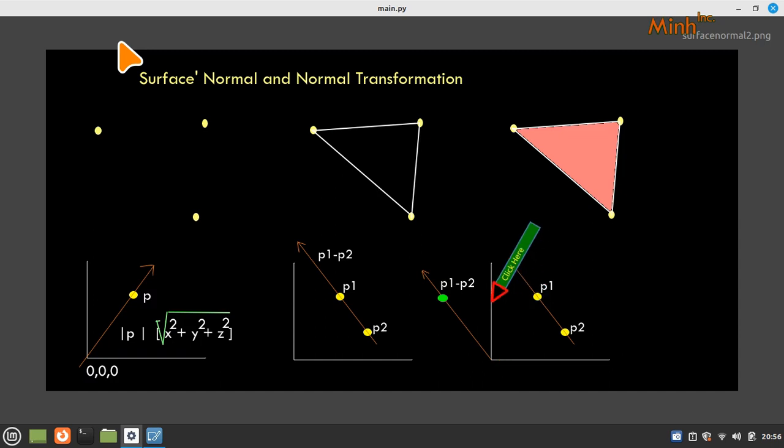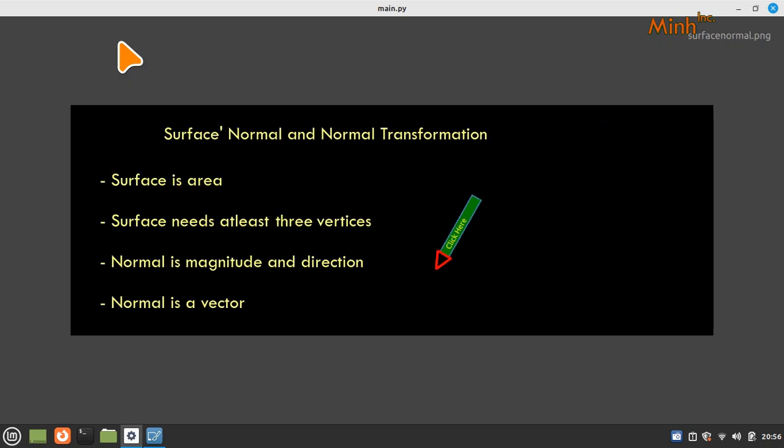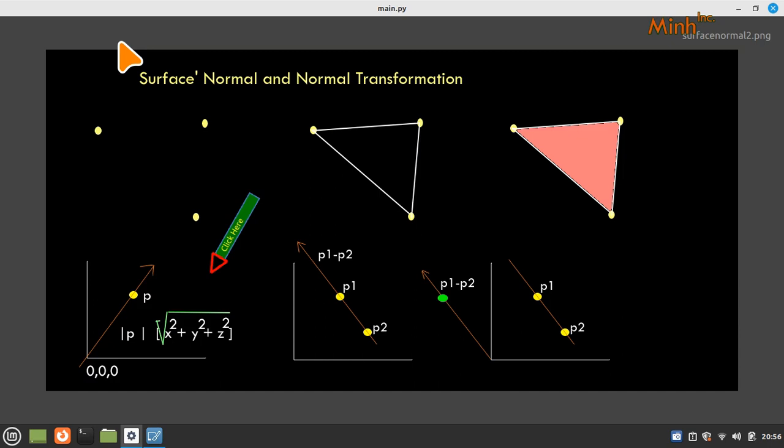So a vector can be represented as one point, one vertex, and a line passing from the origin to that point. Now we can calculate its magnitude. A vector has magnitude and direction. You can refer to a vector tutorial.